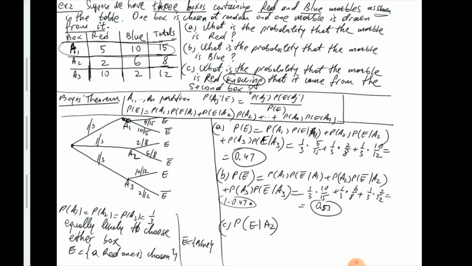Whereas the problem gives me conditional probabilities in terms of E given A1, right? So what you have in the table again is E given A1, E given A2, E given A3. And then the question here is, oops, the other way around. I'm getting myself confused here.